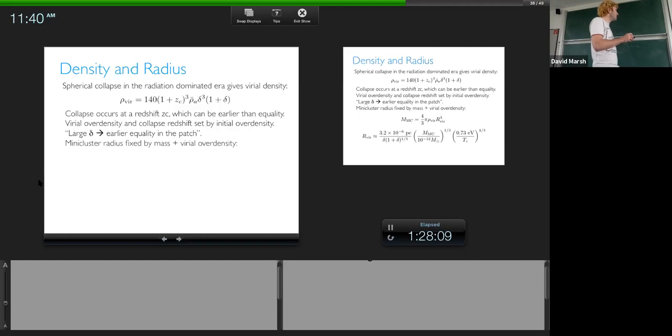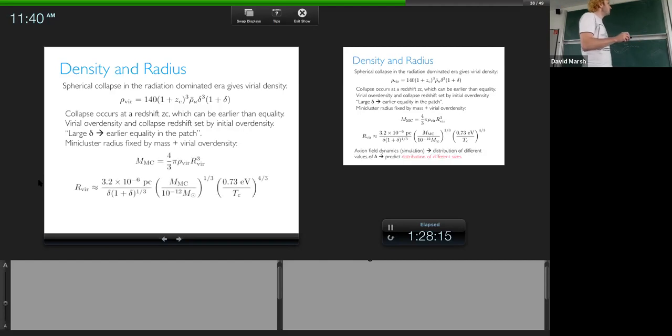And thus the mini cluster radius is fixed by the mass and the virial overdensity in the following way. You just write what the mass is in terms of the virial overdensity and the virial radius. And the virial radius you can now compute from this in terms of the density and the mass. Here it is, 10 to the minus 6 parsecs for some reference parameters.